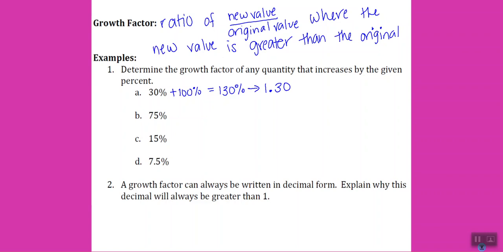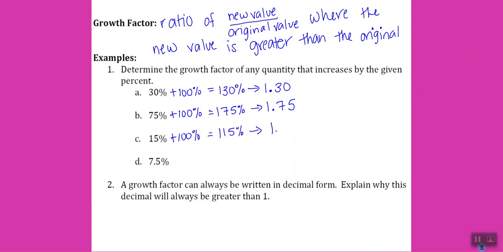So again, if we're going to start with 75%, we're going to add the 100% that we already have. So at the end, we want 175%. That would be a growth factor of 1.75. If we're increasing by 15%, add 100%. That gives us 115%.